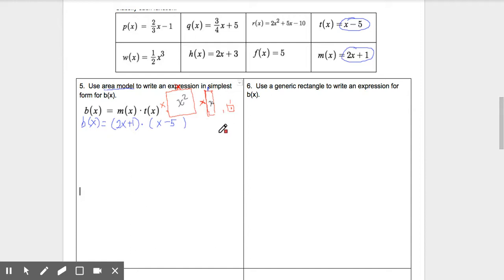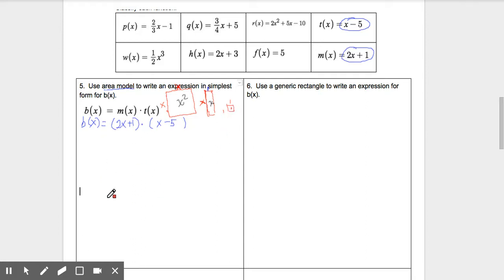So again, the tiles are the x squared tile, the x tile, and the unit tile. The x squared tile has length x and width x. The x tile has a length of 1 and width of x. And the unit tile has length 1 and width 1.